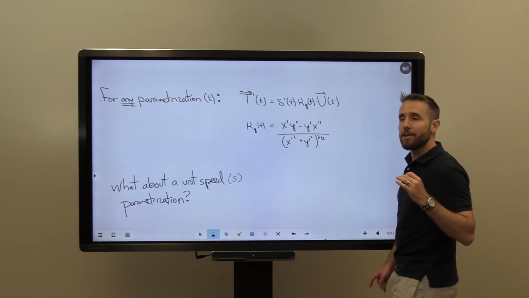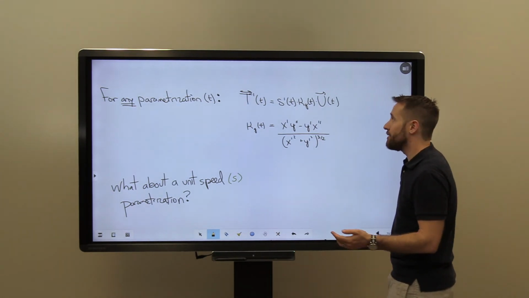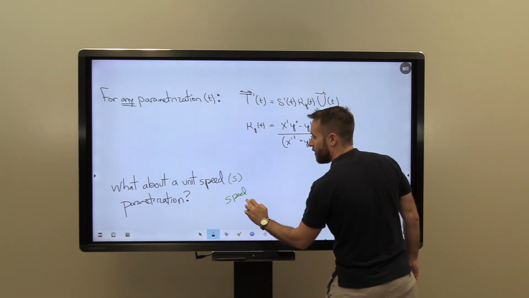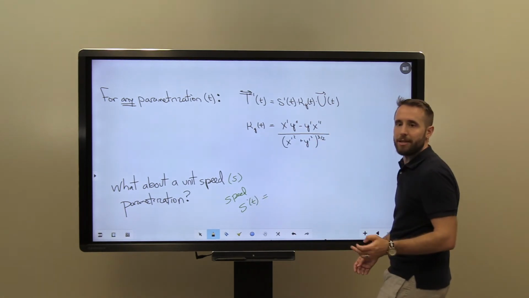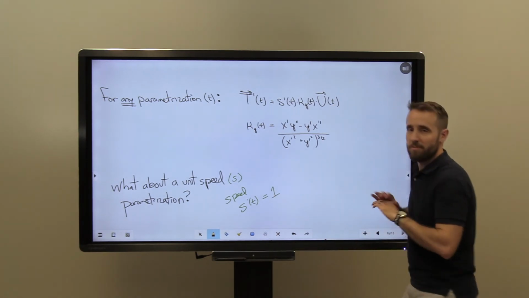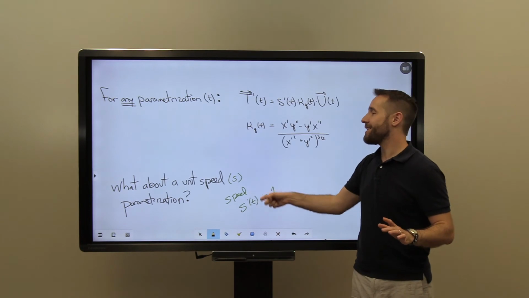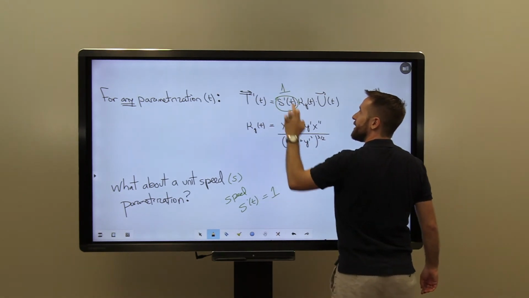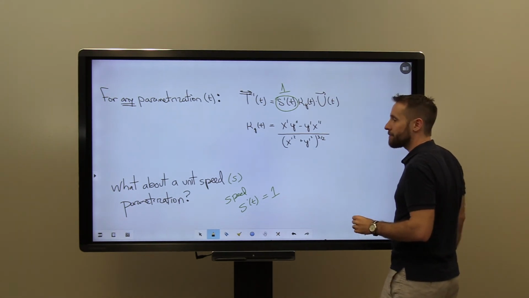And what made a unit speed parameterization was that the speed, which we previously called s prime of t, will now just be the derivative of the variable s, and that's equal to 1. So maybe not that surprising, a unit speed parameterization has speed equal to 1, and so this piece right here will specifically have speed equal to 1 in a unit speed parameterization.